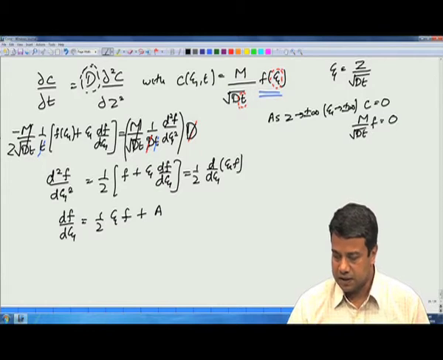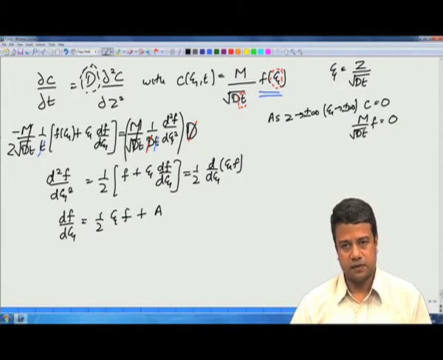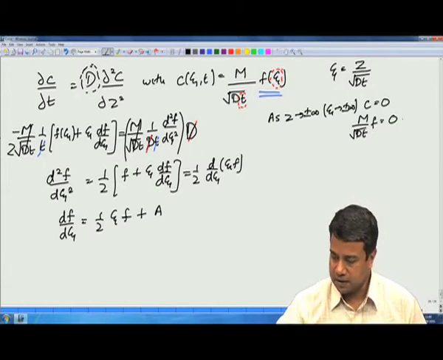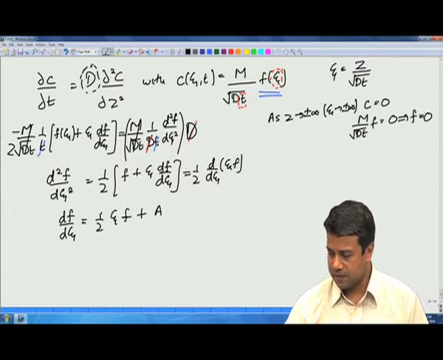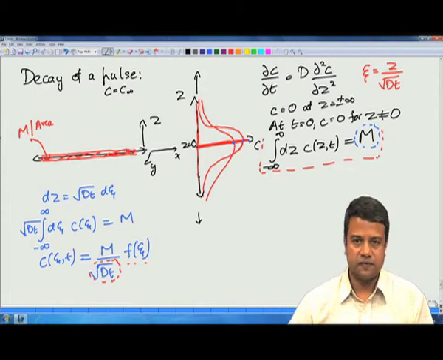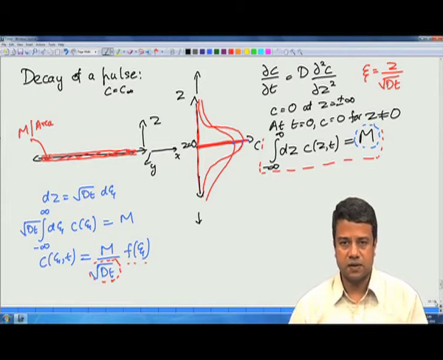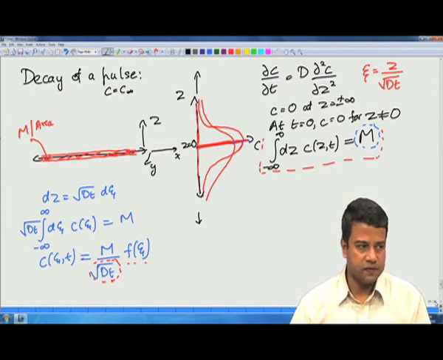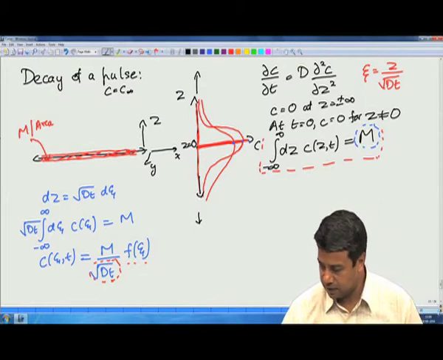So, at z equal to plus or minus infinity, this is equal to 0, which means that the function f has to be equal to 0. There is no surprise. As you go to plus or minus infinity, the concentration field has to go to 0. Therefore, this function f of psi has to go to 0.